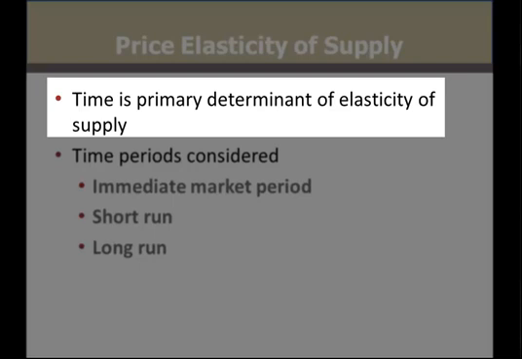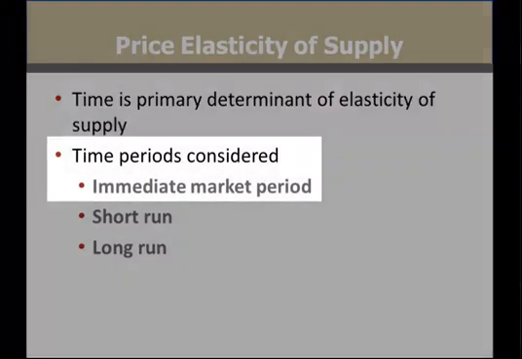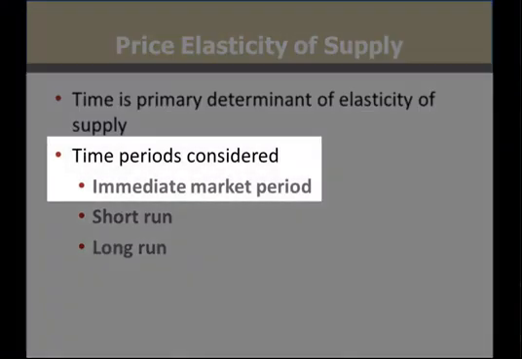The immediate market period means that there is no time to adjust output in response to a price change. Now, some industries may not have an immediate market period if they are able to store their product, because if they need to change the price, they can just change it from the product coming out of storage.